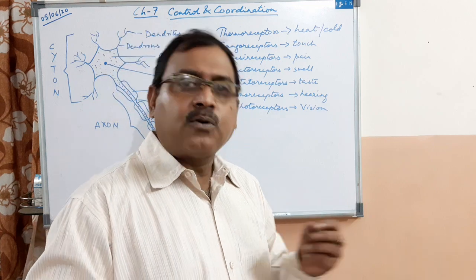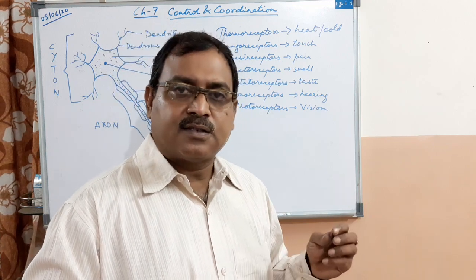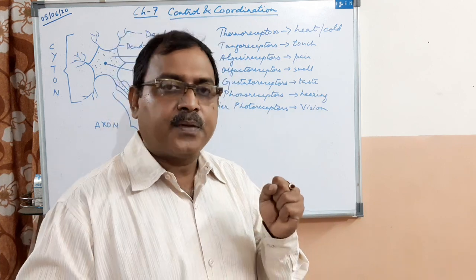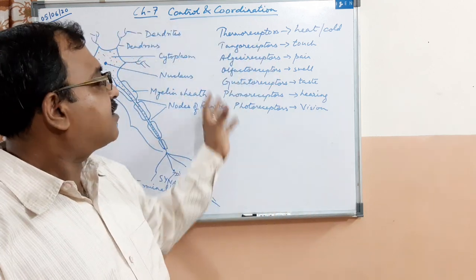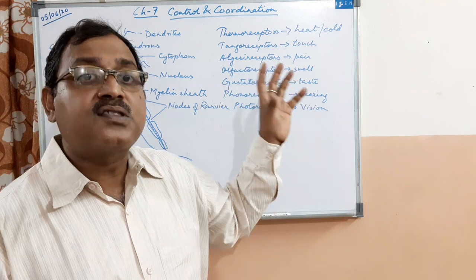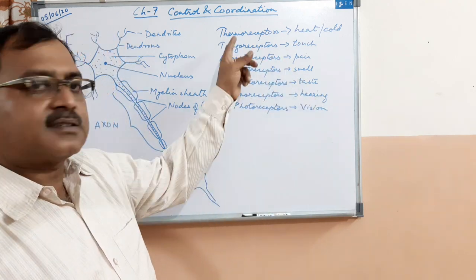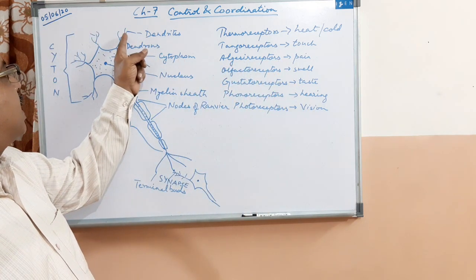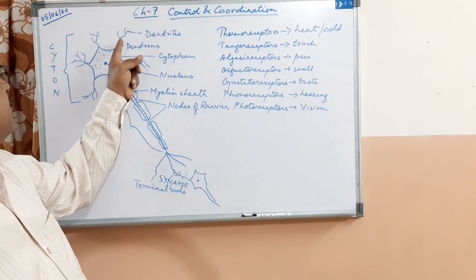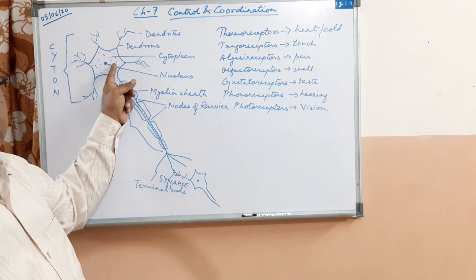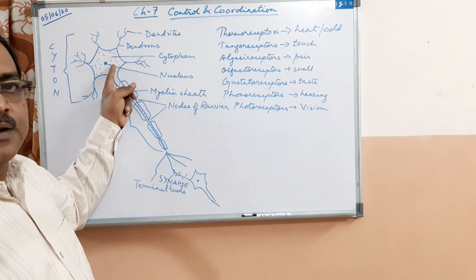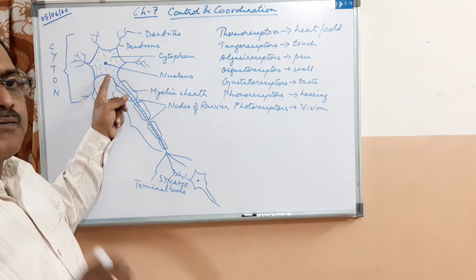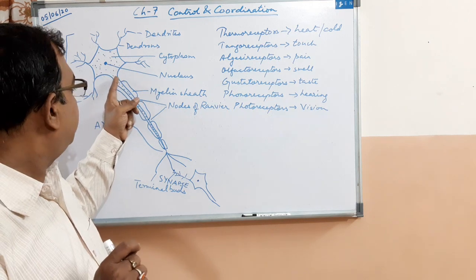Now, how does the stimulus go to the brain or the spinal cord? These various types of stimuli are received by these receptors, and then transmitted through the dendrite to the cytoplasm in the form of electrical impulse.